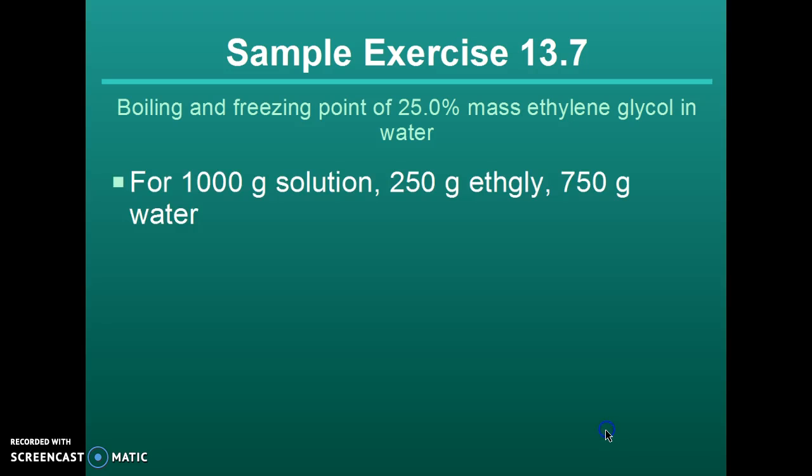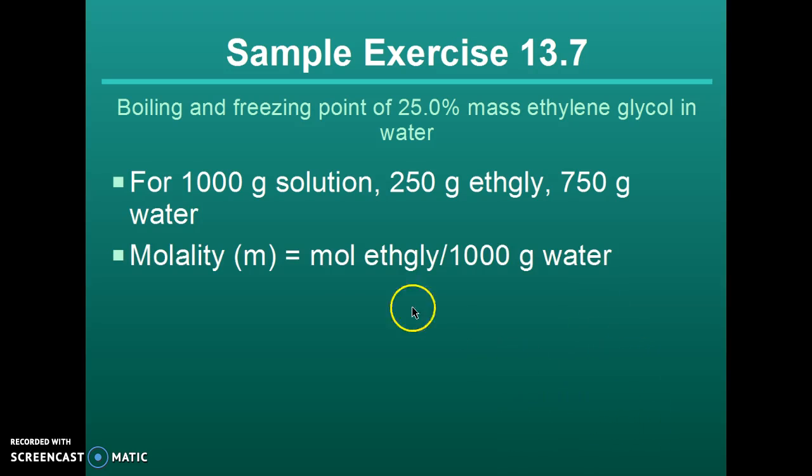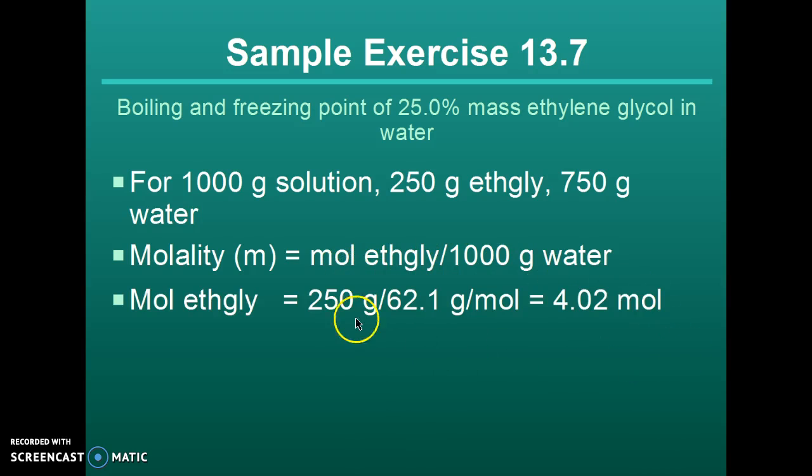And here's the solution. For 1,000 grams of solution, 250 grams of ethylene glycol, 750 grams of water. The molality is the moles of ethylene glycol per 1,000 grams of water. So we divide 250 by the molar mass, 62.1, and get 4.02 moles.